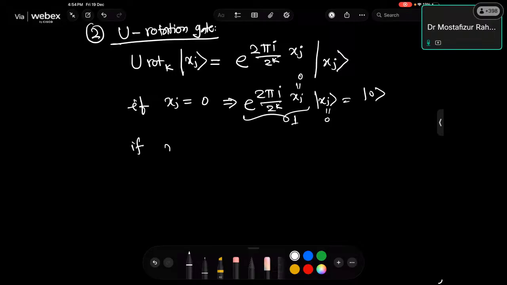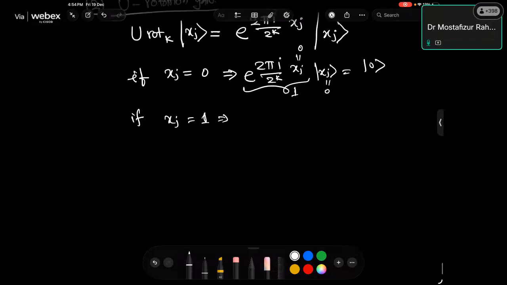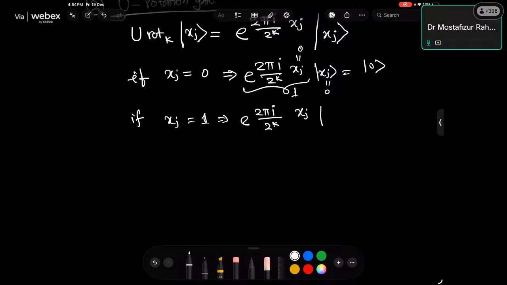And if xj equals 1, then e to the power 2 pi i by 2 to the power k xj, ket xj. So this part will be 1 and this part will be 1. So it will be e to the power 2 pi i by 2 to the power k times ket 1.